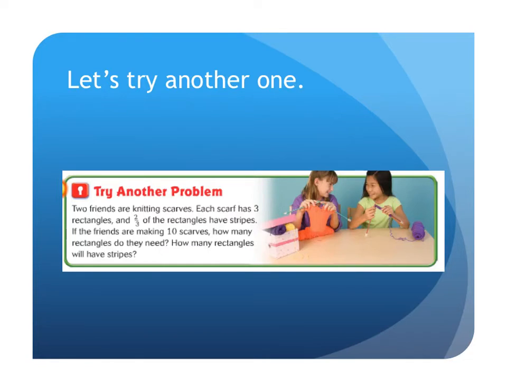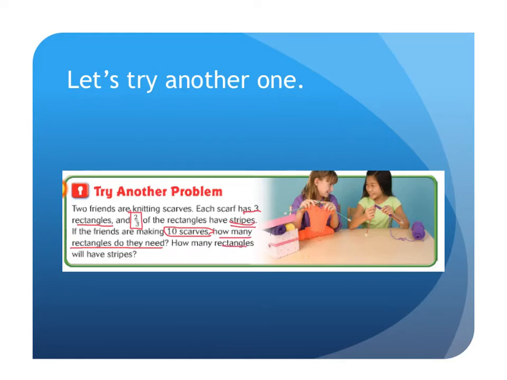I'm going to go back over this question to look at what might be really important to remember. I need to know that each scarf has 3 rectangles because they want to know how many total rectangles they will need when making 10. I need to know that 2/3 of them will have stripes.